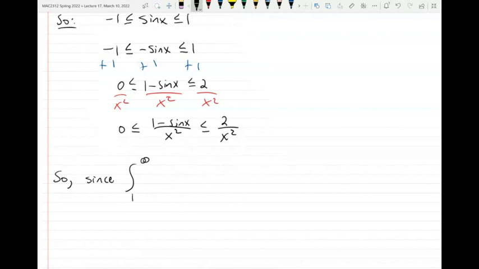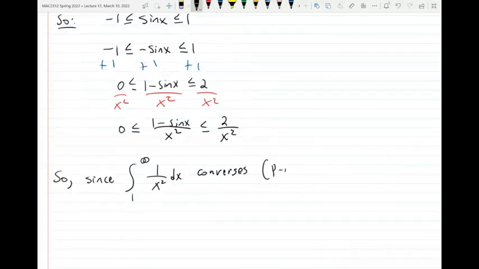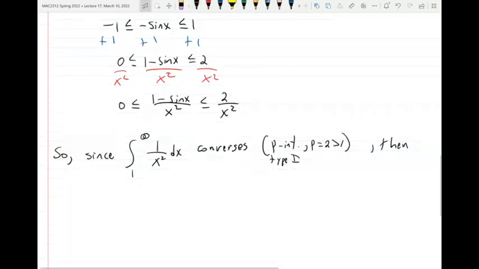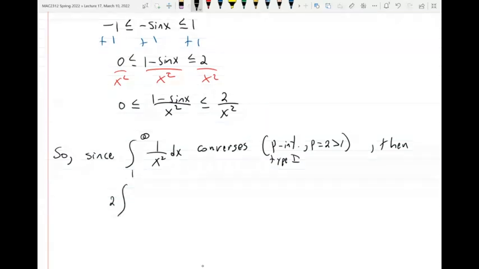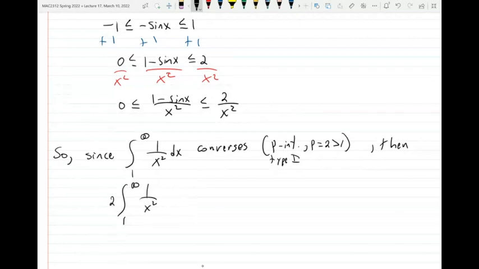Since the integral from 1 to infinity of 1 over x squared dx converges, this is a p integral where p equals 2, which is bigger than 1, a p integral of type 1, then it follows that if I multiply by 2, it will also converge, right? Then 2 times this integral, which is equal to this, let's see, who can justify this 2?